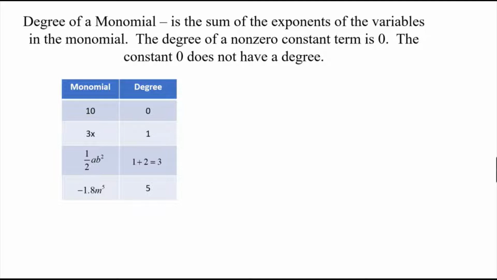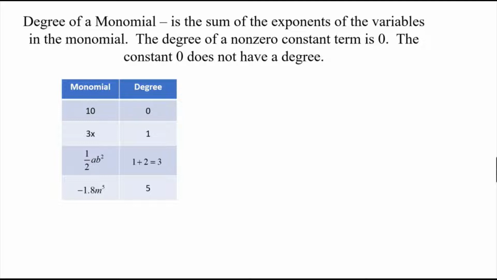You also have to note that if you see any variable without any exponent, it is understood to always have an exponent of 1, like the x there. Next, 1/2 ab squared. The exponent of a is 1, and the exponent of b is 2. To add them, 1 plus 2 is equal to 3. Therefore, the degree of 1/2 ab squared is equal to 3.